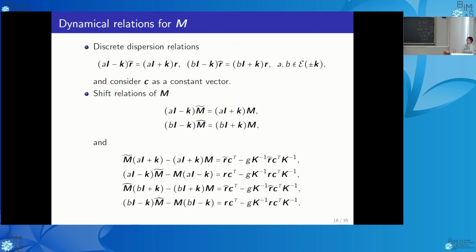From the Sylvester equation and the discrete dispersion relation, we can get the shift relation of M. Here, in fact, the second relation can be derived by changing A tilde to B hat, similar to these equations.